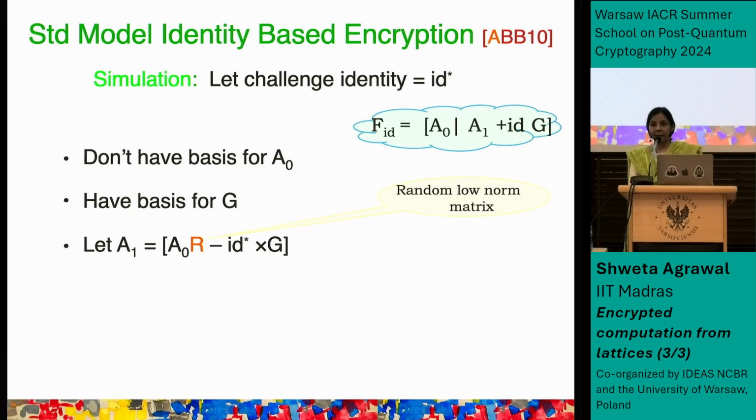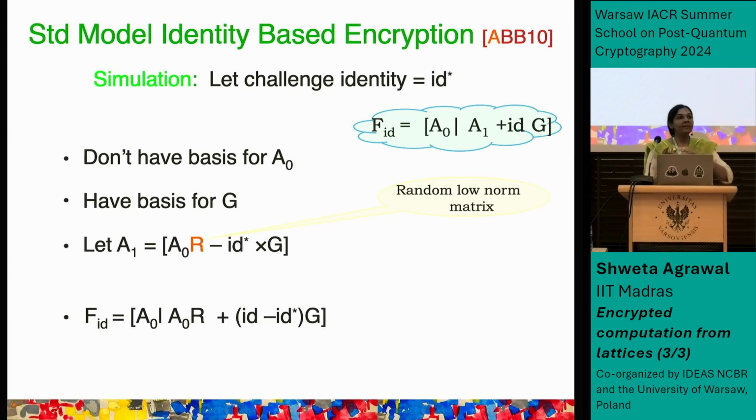R, let me remind you, is a random low norm matrix. And recall, in the bubble over here we have FID. This is the definition of FID. So FID is therefore going to work out to be A0 concatenated with A0R plus ID minus ID star times G. Does everyone agree with this? What did I do?